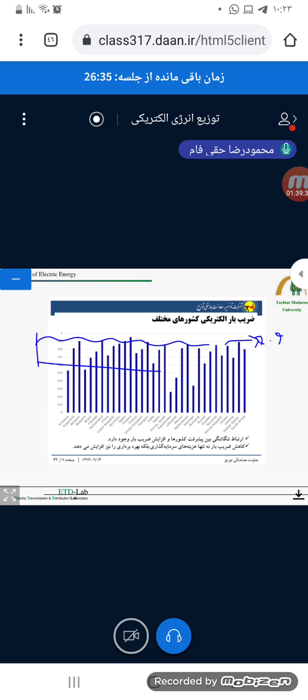But in countries where the load in winter is low and in summer is very high, the load factor is very far from 1, for example 0.5 or 0.6. Okay? You know?